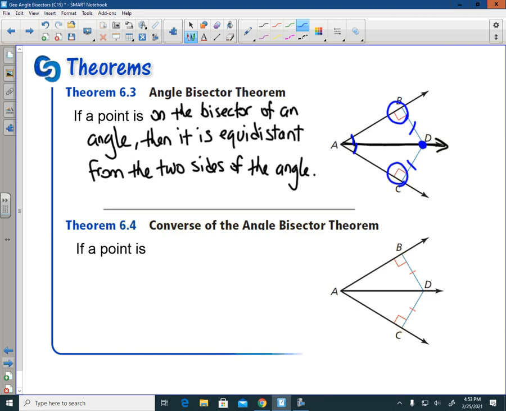So that's important to note, that we're going to want to have right angles there. So we also have the converse of the angle bisector theorem, which just sort of flips this idea.